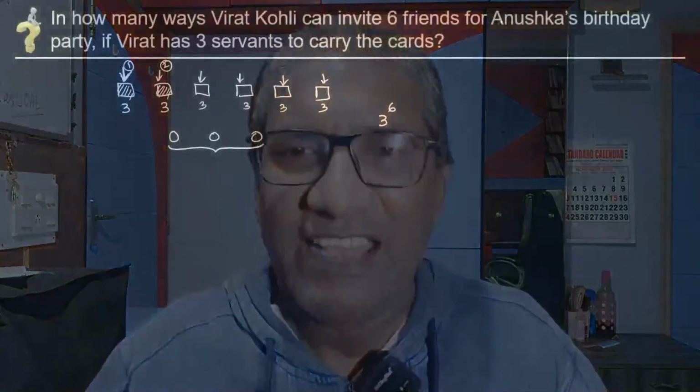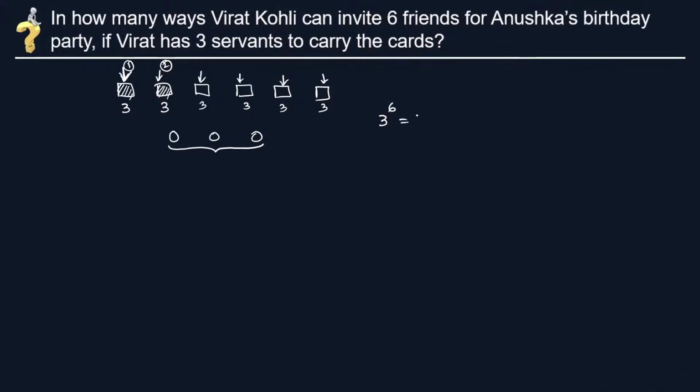Same thing with the third, fourth, fifth and sixth. So the total number of ways is 3 to the power 6. Is it clear? Therefore, your answer is 3 to the power 6, which gives us 729. Hence, there are 729 ways in which all these 6 friends can be invited by these 3 servants of Virat. Is it clear? Okay, let's move to the next problem.